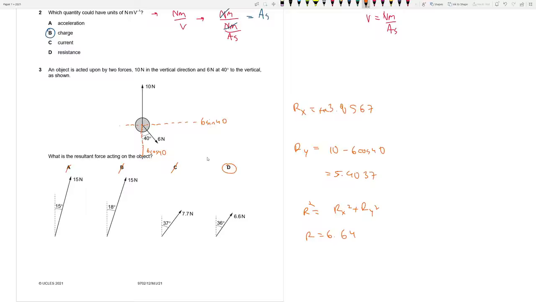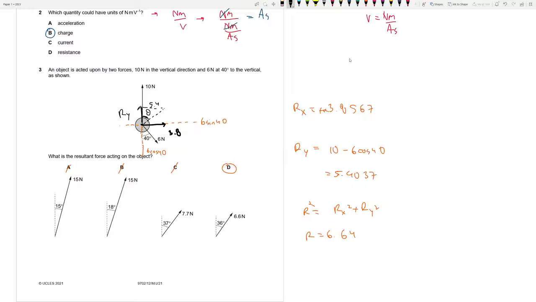No other answer matches. I can also show you the direction. The resultant y is positive, and x is also positive. Resultant x is 3.8 and resultant y is 5.4. If you want to find the angle with the vertical, this is theta.